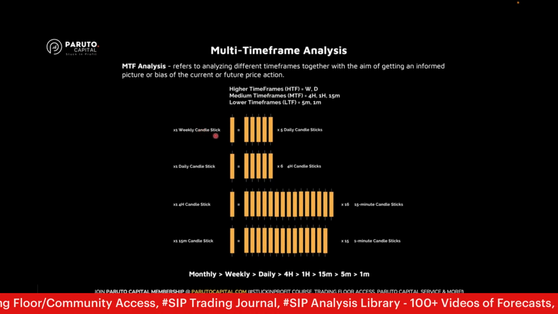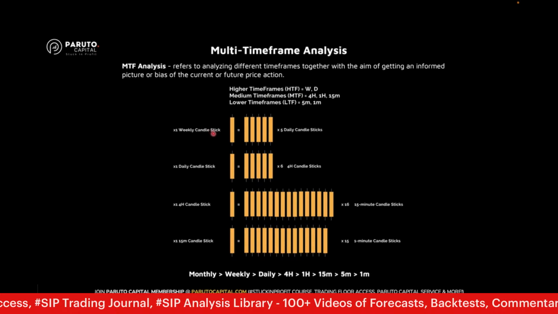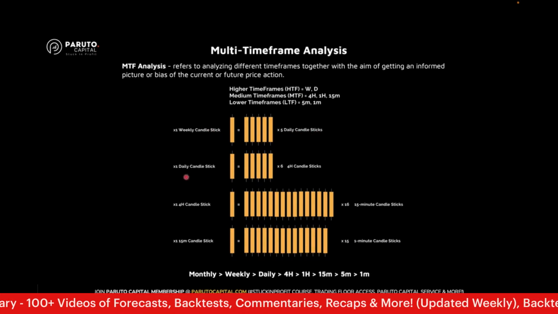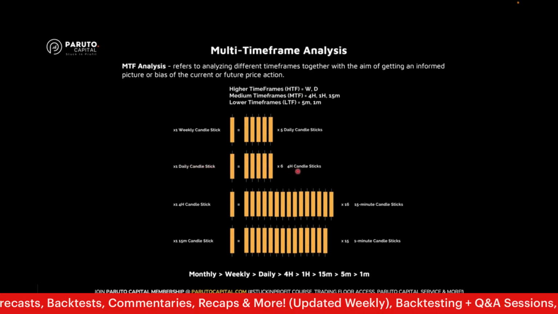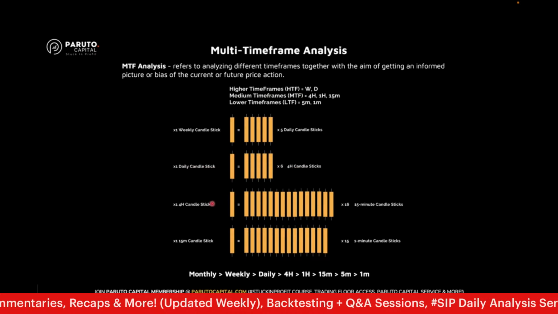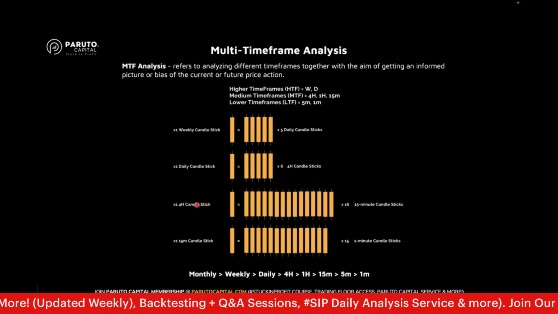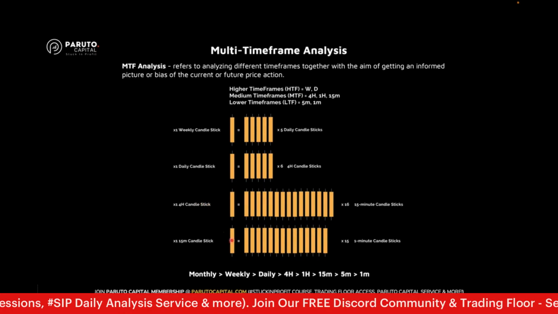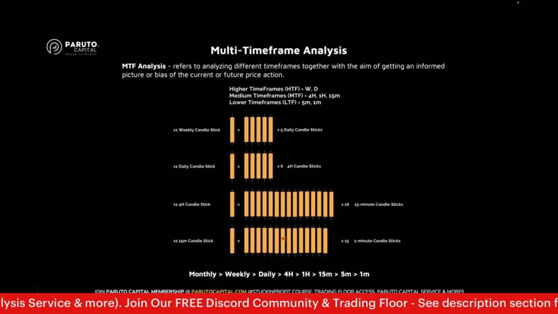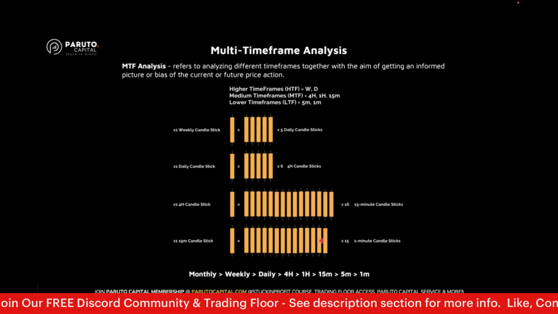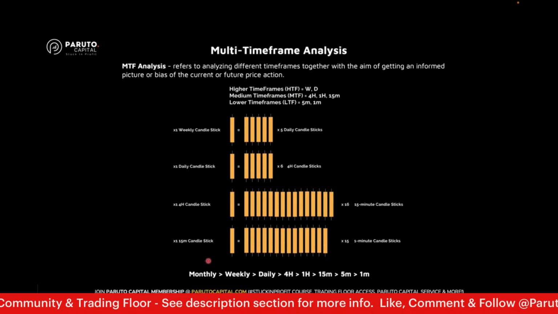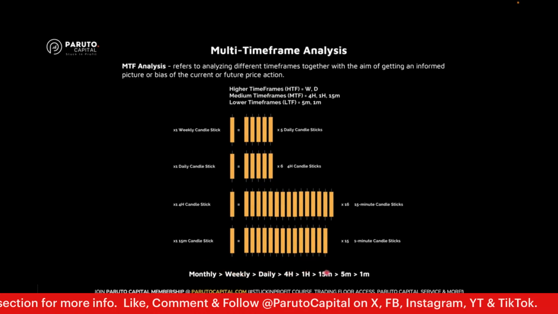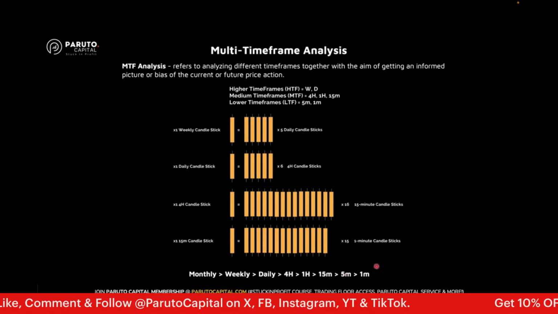A typical weekly candlestick would comprise about 5 daily candlesticks, Monday to Friday. 1 daily candlestick will comprise about 6 4-hour candlesticks, 1 4-hour candlestick will comprise about 16 15-minute candlesticks, and 1 15-minute candlestick is going to comprise about 15 1-minute candlesticks. So when you look at multi-time frame analysis, usually it starts from the monthly and then the weekly and daily, and then 4 hour, 1 hour, 15 minutes, 5 minutes, and then 1 minute.